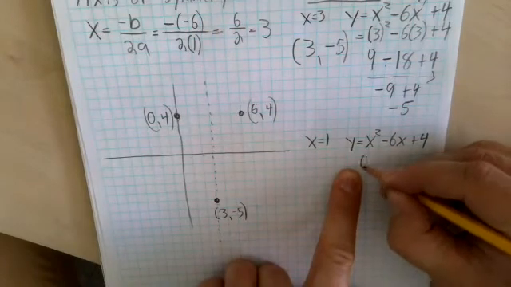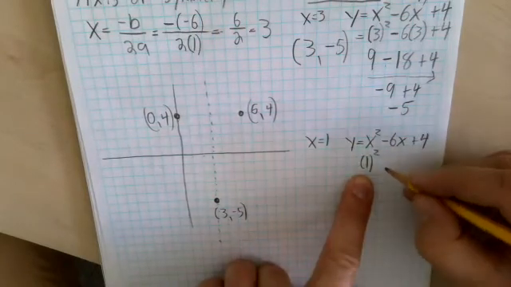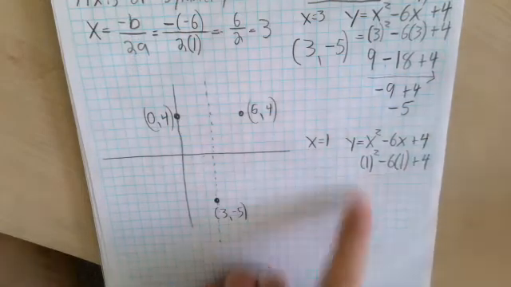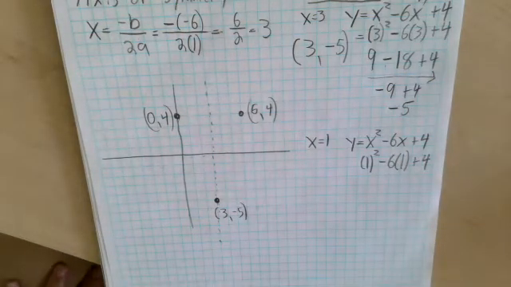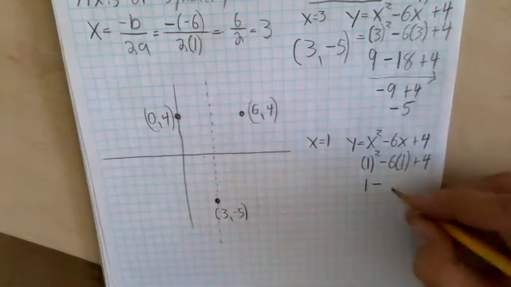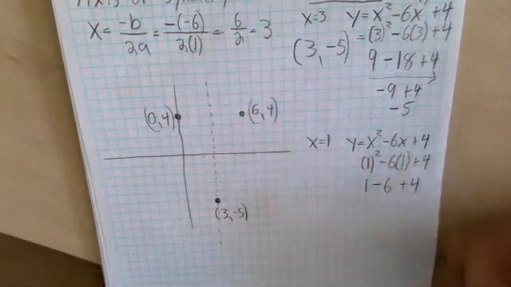So I'm going to plug in 1 for x: x squared minus 6 times 1 plus 4. One squared is 1, minus 6 times 1 is 6, plus 4.